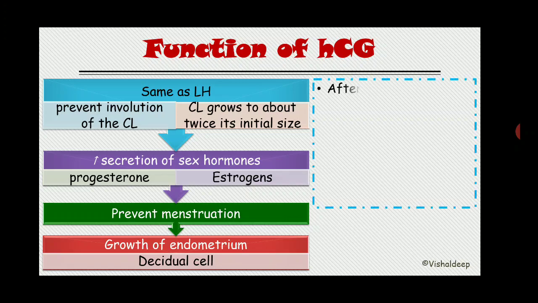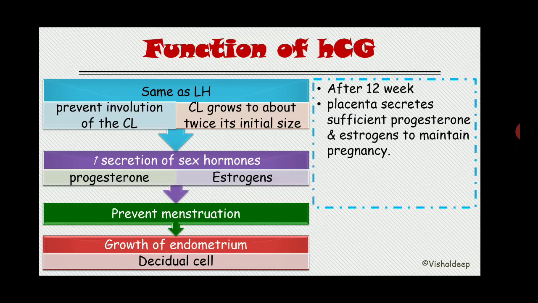So after the 12th week, the placenta secretes a sufficient amount of estrogen and progesterone. The period starting from the fertilization till the 12th week, the placenta is not mature or not developed as it should be, right?